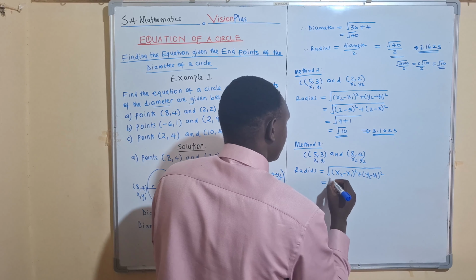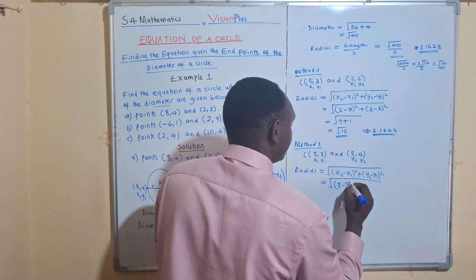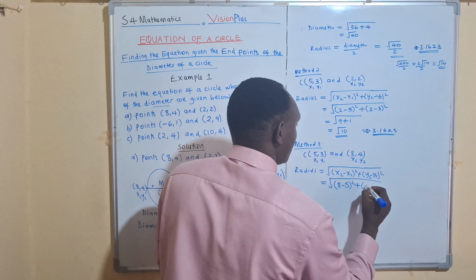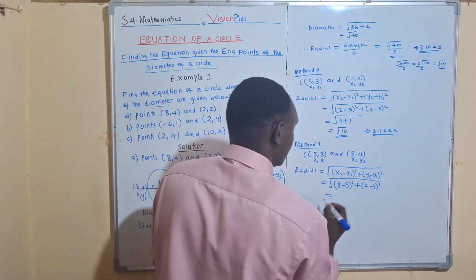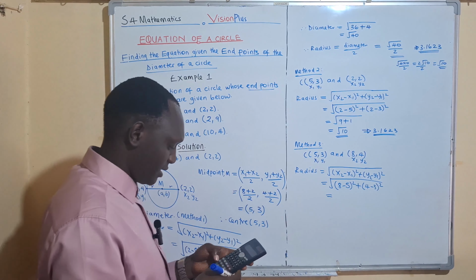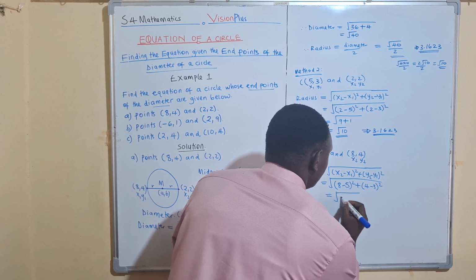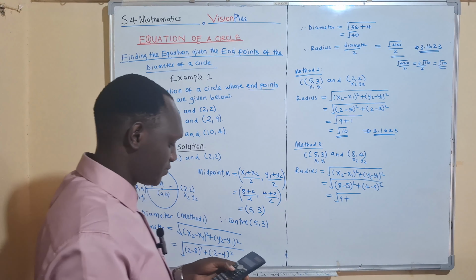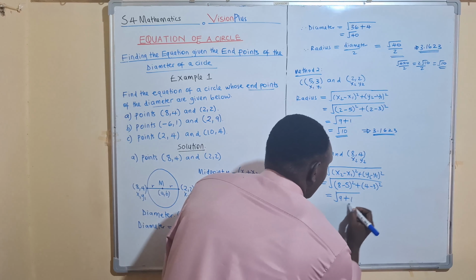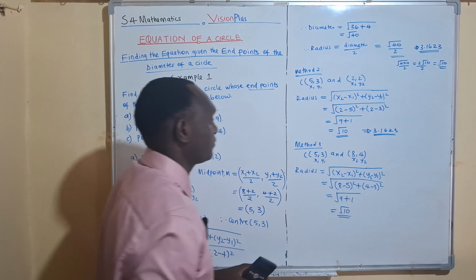Then we substitute: x2 is 8 minus 5 squared plus y2 is 4 minus 3 squared. This here gives us 8 minus 5 squared, I'm getting 9. 9 plus 4 minus 3 squared, I'm getting 1. Are you seeing that also here it gives us root of 10 units?